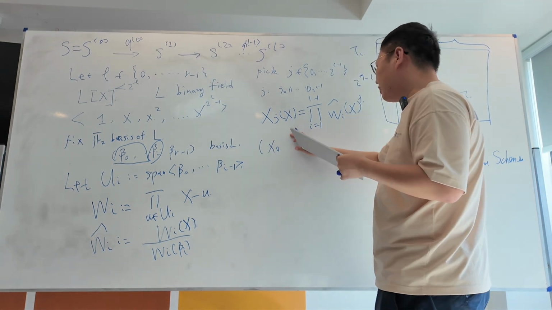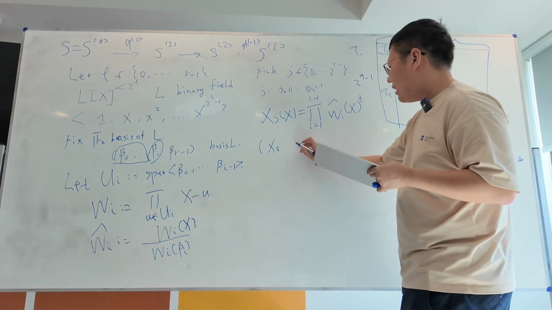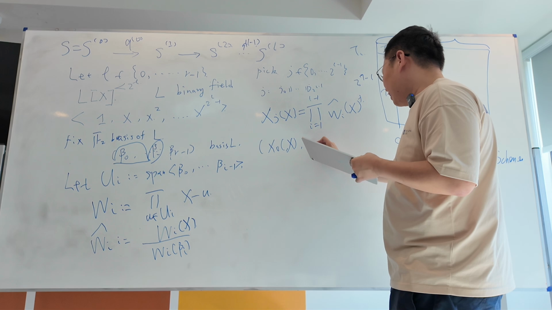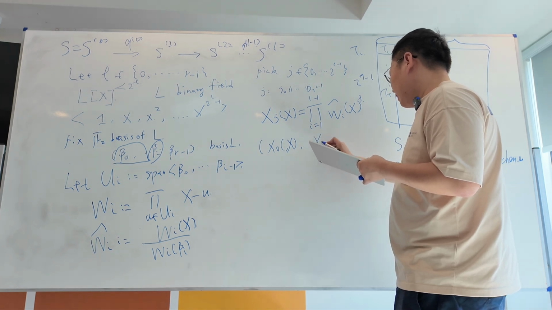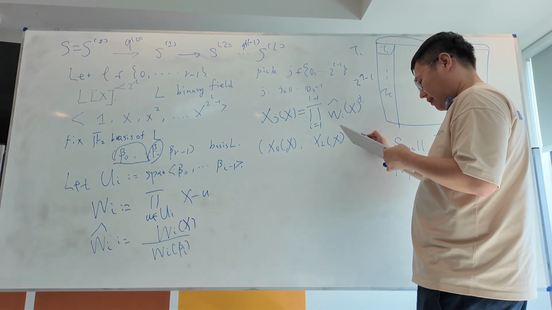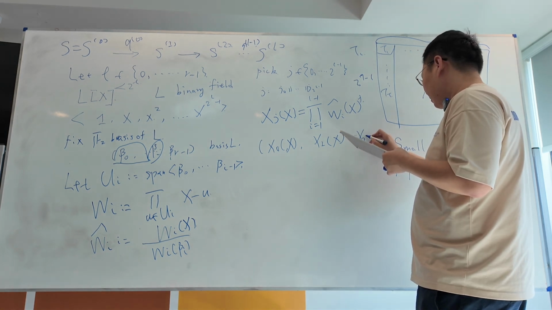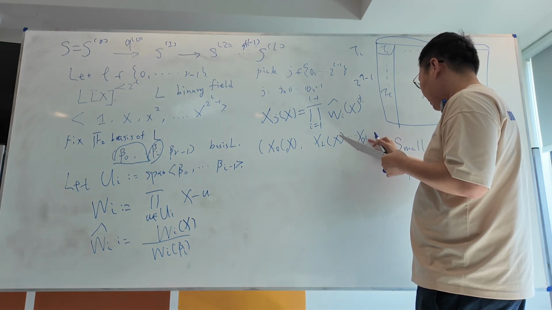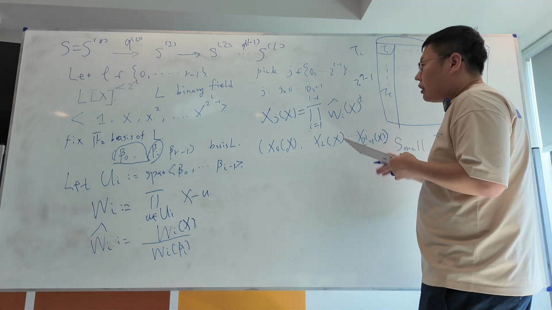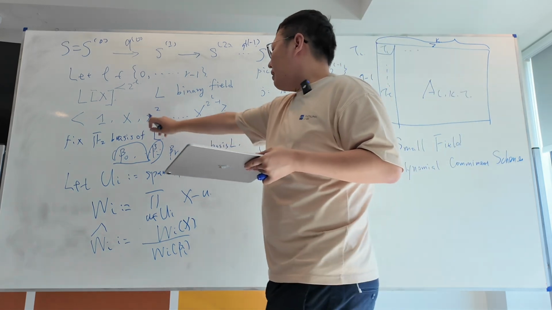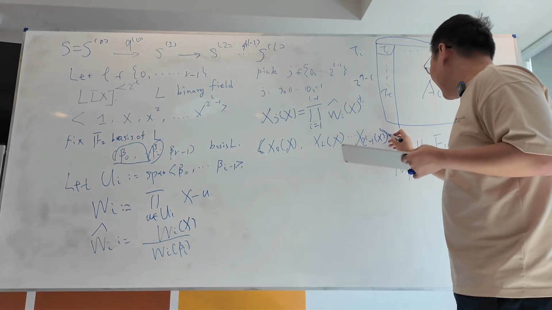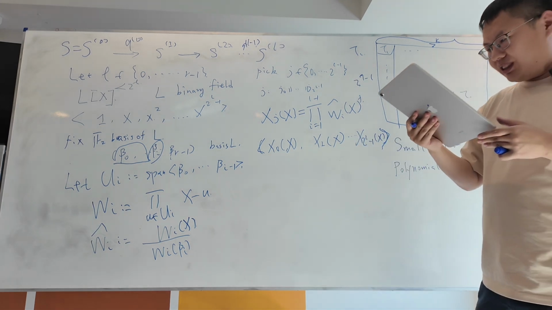We will have a lot of polynomials if you do this. So this is our old basis, called the monomial basis. And this is our new basis, called the evaluating basis.